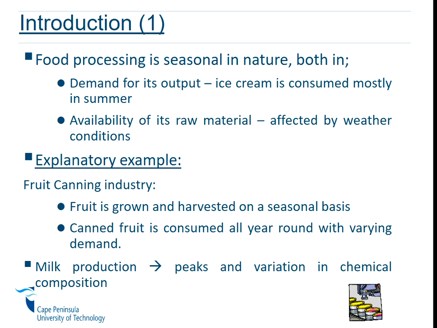So that you as a food processor, when you are planning ahead your production, you should take these into consideration. Right. Another explanatory example that we can look at is the fruit canning industry, where the fruit is grown and harvested on a seasonal basis.